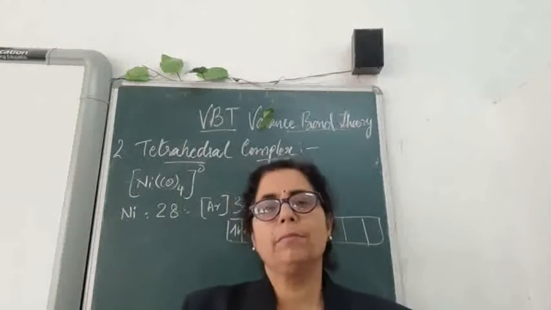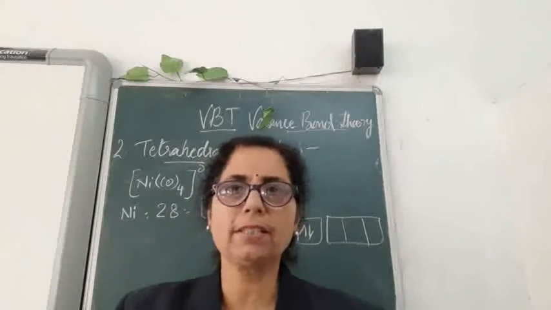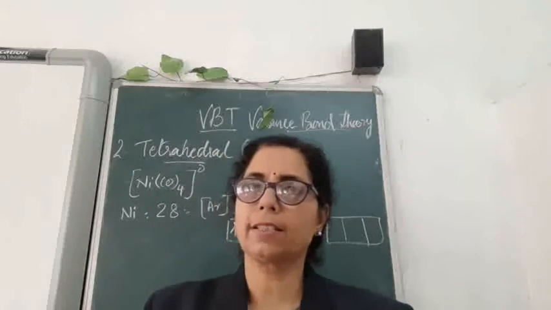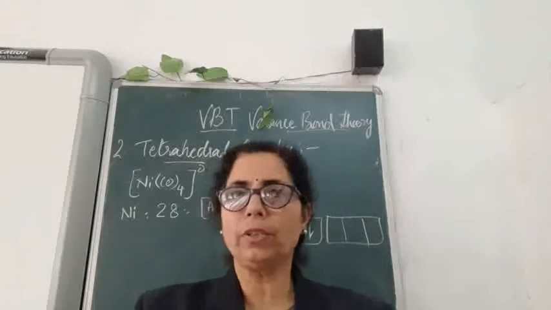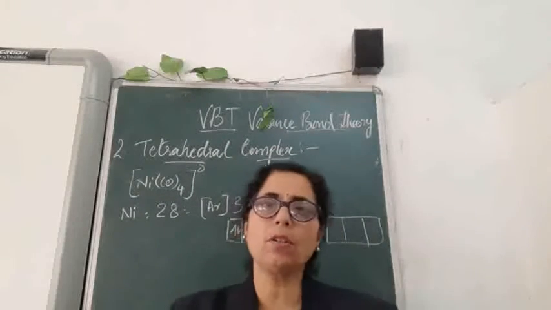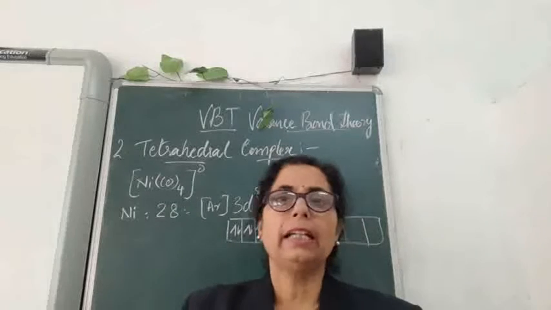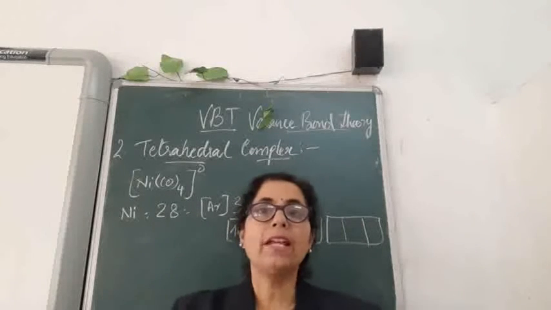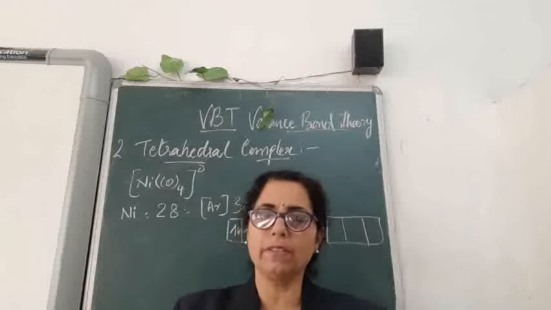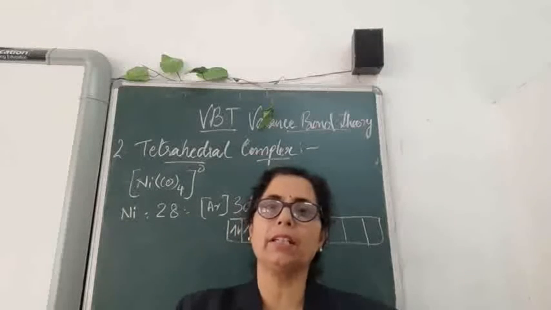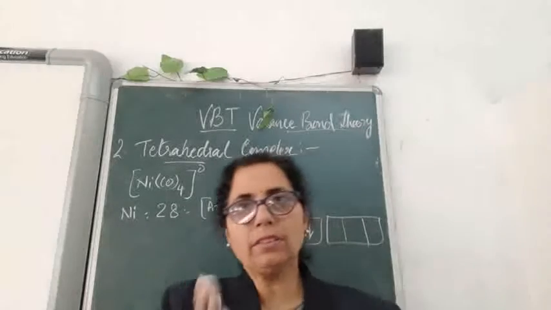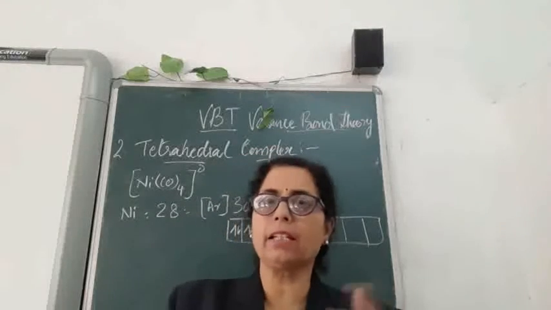Yes, children. Before moving to the tetrahedral complex, I will tell you one more thing. In octahedral complexes, Valence bond theory also told one more thing. It talked about inner and outer orbital complexes. In inner orbital complexes, inner d orbitals are involved, that means the (n-1) d orbital is involved, that is d2sp3, so the d orbital involved will be the inner one.